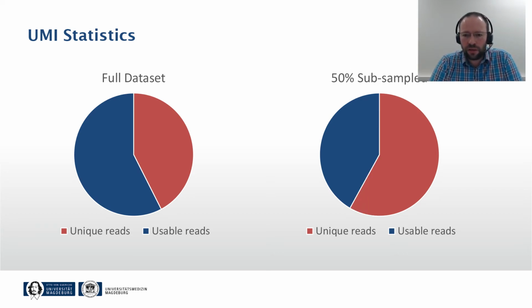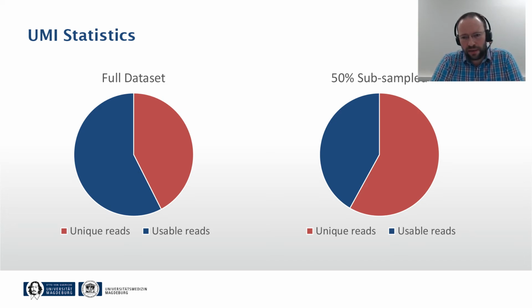But also have a look at the subsampled data set. Again, bioinformatic subsampling of the reads to nearly 50% showed that, comparable to approach A, we lose a lot of usable reads: we have here only 40% compared to this nearly 60%.